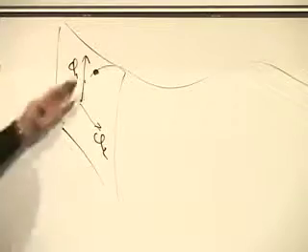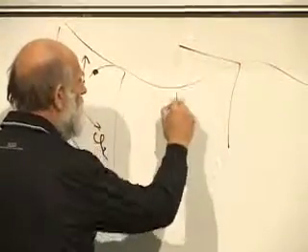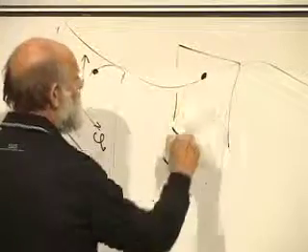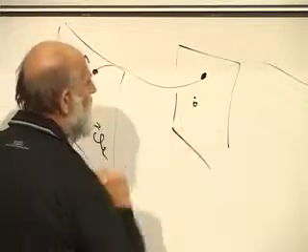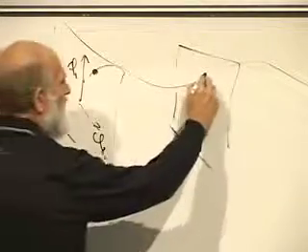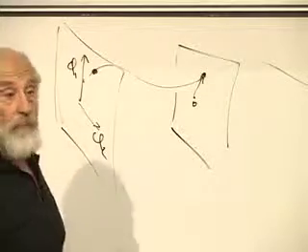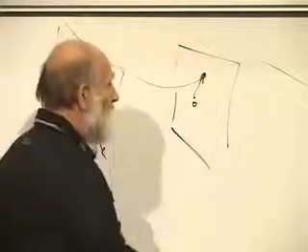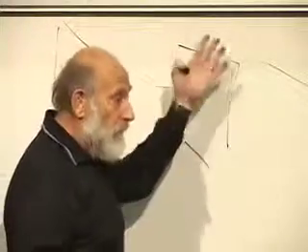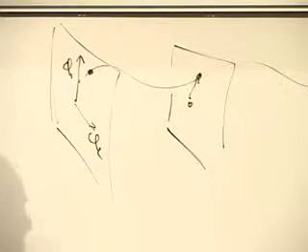The string intersects the plane at some point, here's the origin, and it can be described by a complex field phi, which could be phi 1 plus i phi 2.